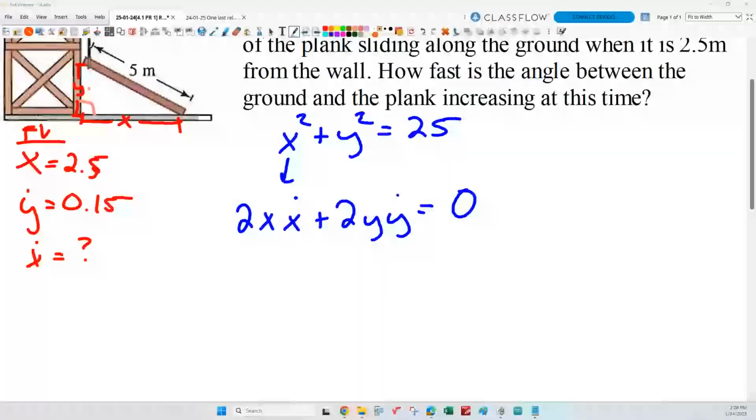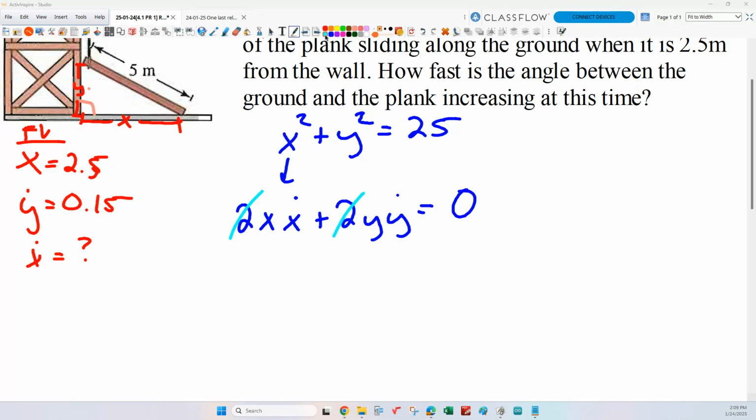Okay, what else could I do to clean that up? Yeah, right, divide each side by 2. Good. Okay, this is looking better. So we're trying to find x dot. Let's see, is there anything there that we don't have in our list that we would need? Y, yeah. Can we find y?